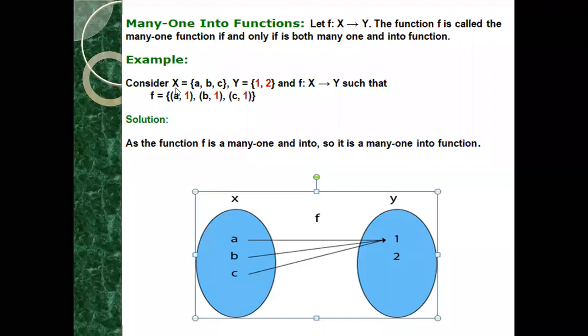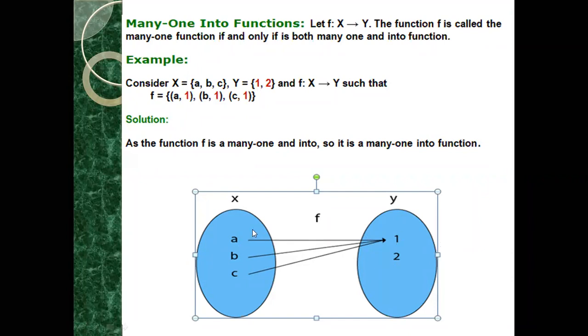Here the example: consider X = {a, b, c}, Y = {1, 2}, and f maps from X to Y such that f = {(a, 1), (b, 1), (c, 1)}. The diagram representation shows X having elements a, b, c and Y having elements 1, 2. In this mapping, it satisfies both many to one and into.